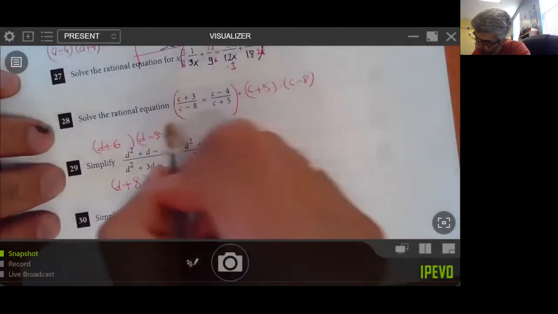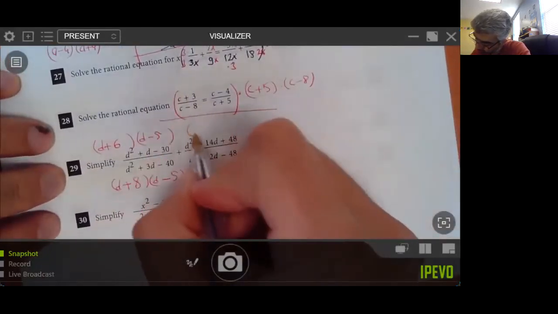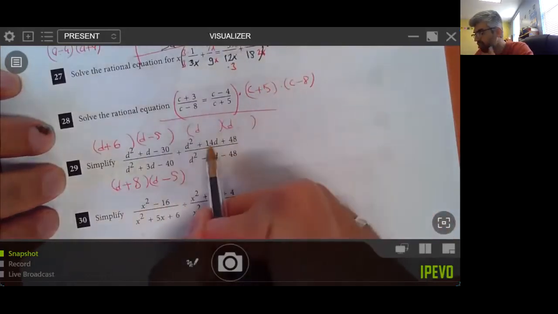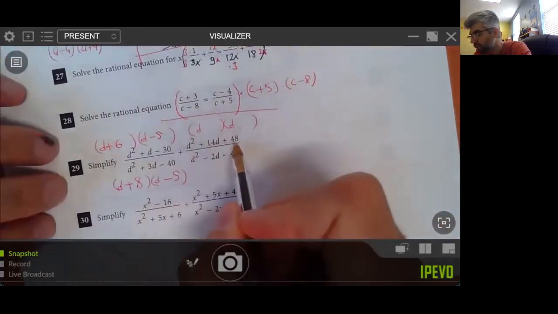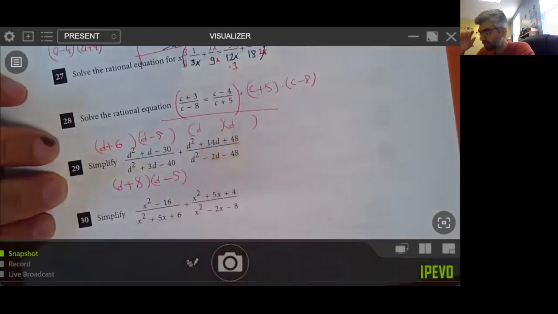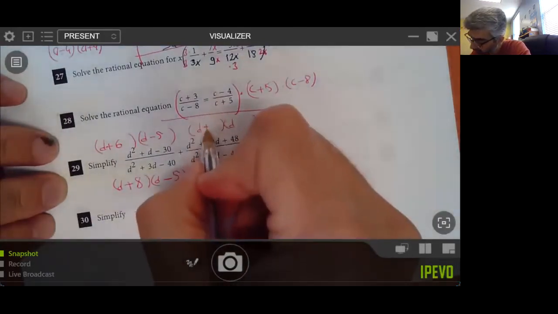Here we have d again. So 48 and 14. Well, 12 times 4, but it doesn't work since we need 14, both positive, we know this, okay?